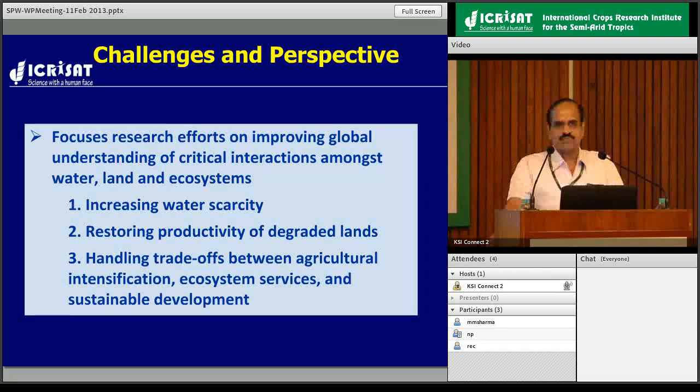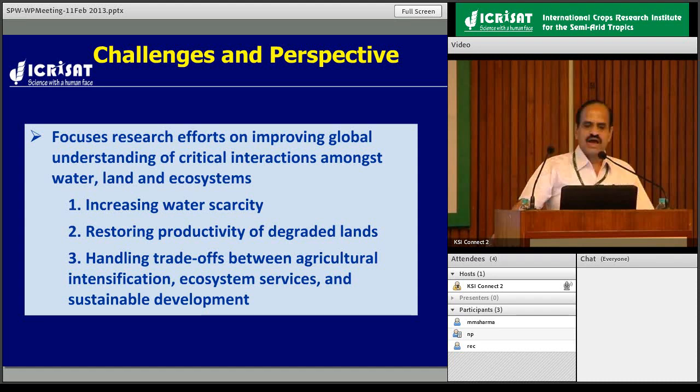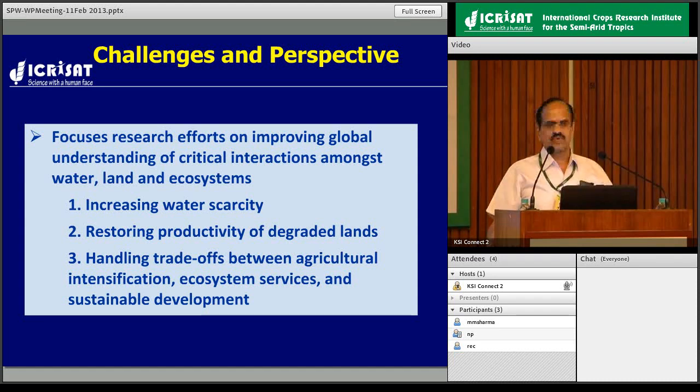This particular program addresses the challenges of water scarcity, restoring degraded lands, and handling the trade-offs between agricultural intensification, that is sustainable intensification, ecosystem services, and sustainable development. And in that regard, it focuses all its research efforts on improving the global understanding of critical interactions.